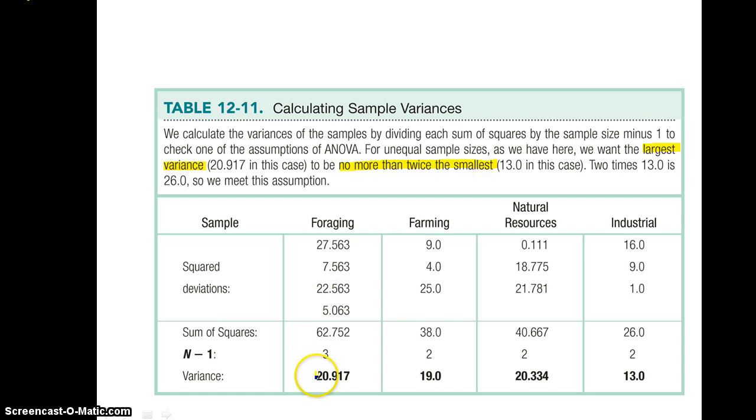So in this case, our largest variance is 20.917 and our smallest is 13. So if we multiplied 13 by 2, we'd get 26, which we have up here. So we actually meet this assumption because 26, twice this smallest one, is greater than this 20.9. So we meet the assumption.